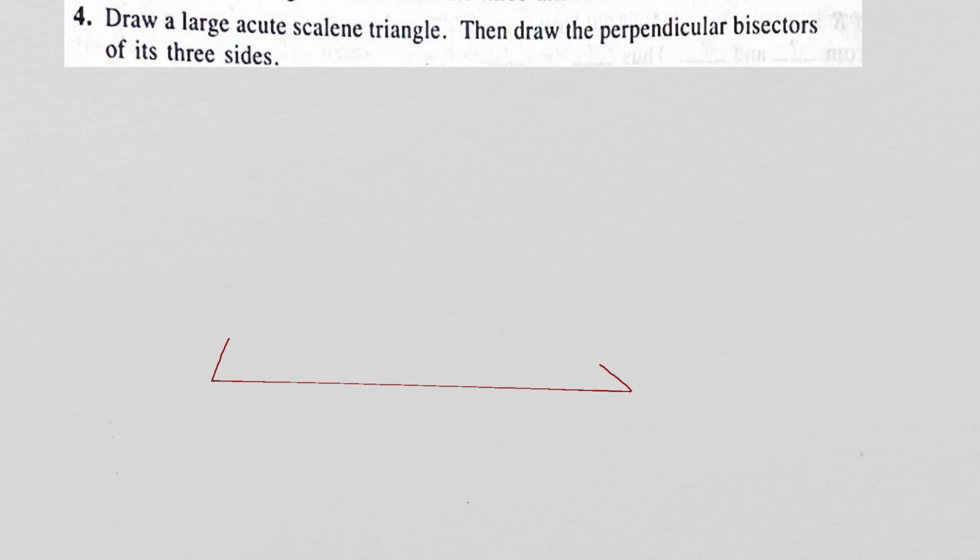And what I'm going to do is try to make this meet up. I'll end up erasing what I don't need here. Okay, so I'm going to have a point here, a point here, and a point here. This looks like a 90, but it's not a 90. Okay, so there's my acute scalene triangle.